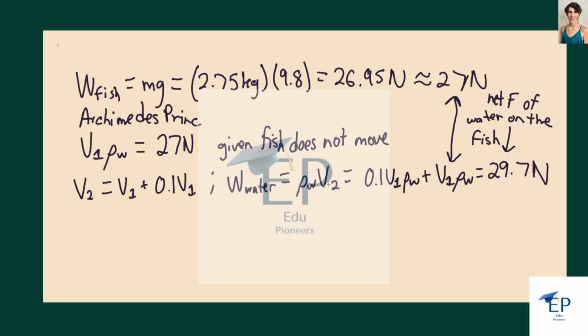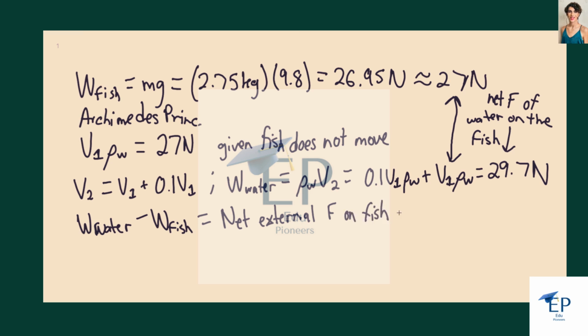Now, to find the net external force, we can say that the weight of the water minus the weight of the fish would equal the net external force on the fish. And this is going to be 29.7 minus 27, 2.7 newtons.